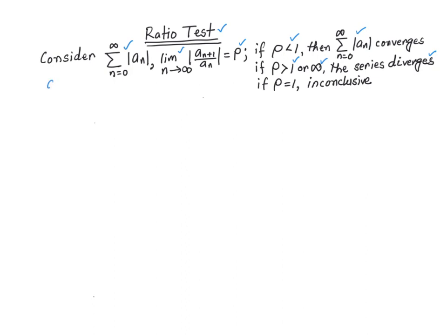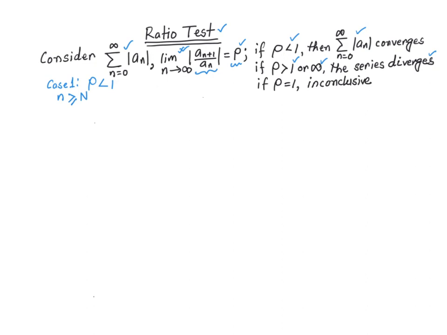So case 1, where rho is less than 1. Now, this limit is equal to rho. So for some n, this little subscript n, if it is greater than or equal to some capital N, it is always possible to take this ratio arbitrarily close to rho. That's what it means that it approaches rho, which is equivalent to saying that the difference between this ratio and rho could be made arbitrarily small.